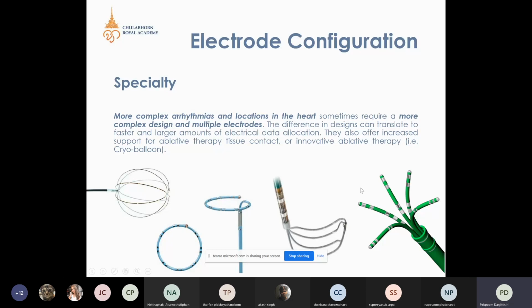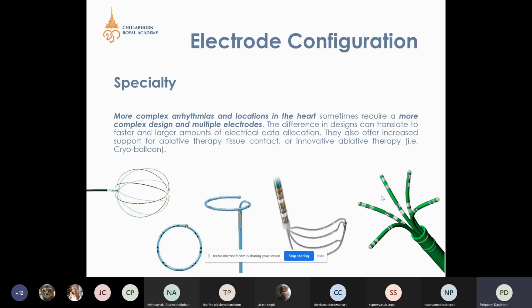Okay, and the last one is the Penetrate catheter. The Penetrate catheter is from Biosense Webster and is a mapping catheter as well. The doctor often uses all of these to acquire more electrical signal at the same time.